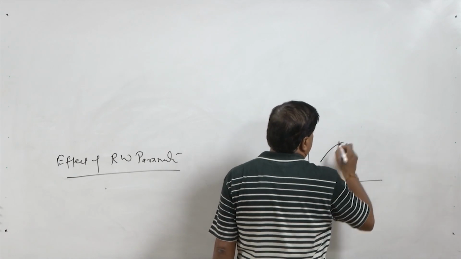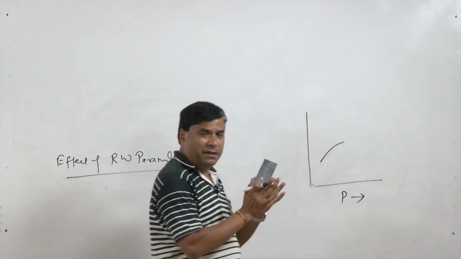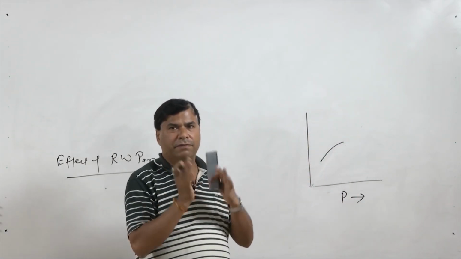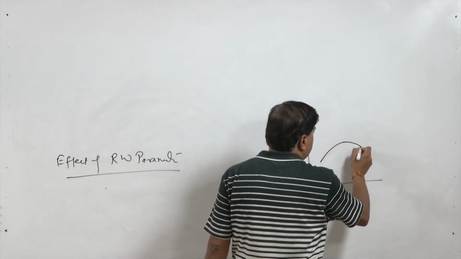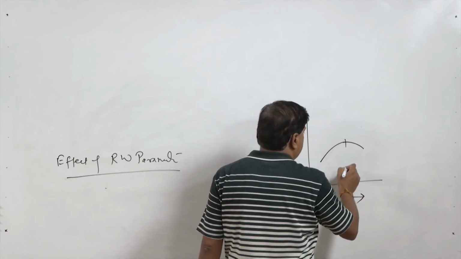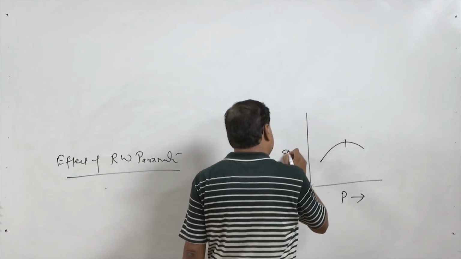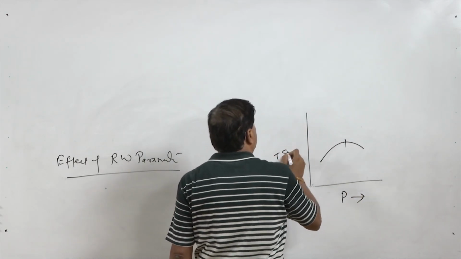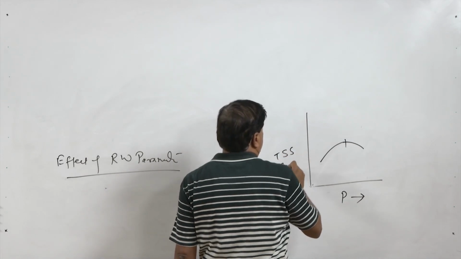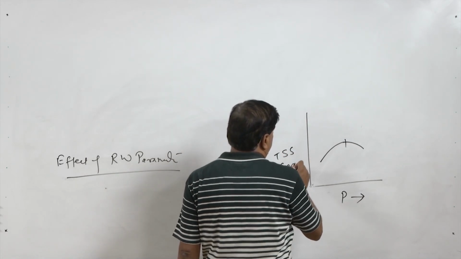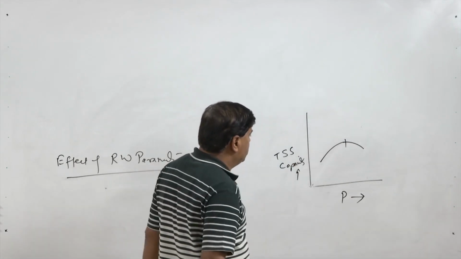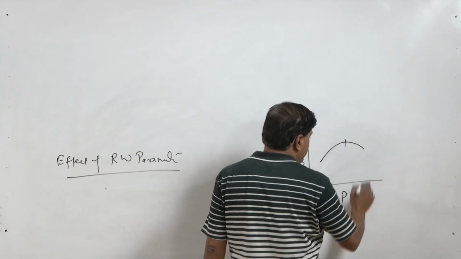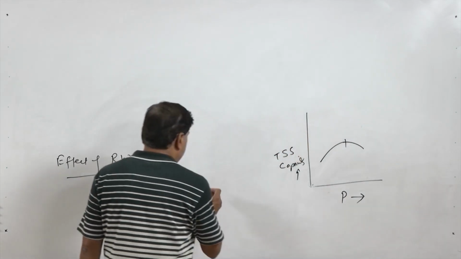So initially the increase in pressure helps in better consolidation and proper solidification, but too much increase in pressure starts decreasing the tensile shear strength capacity of the nugget or of the joint, and this decrease is attributed to the reduction in contact resistance.